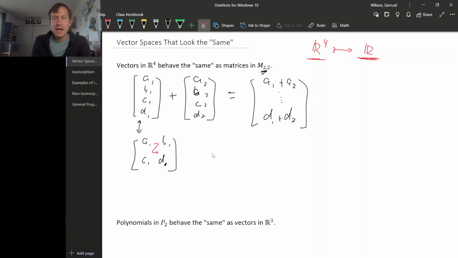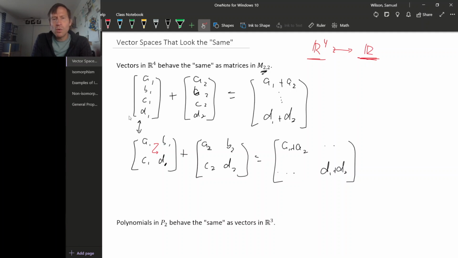You can do the same thing in M22. If you add another matrix A2, B2, C2, D2, what you get is a matrix A1 plus A2, and so on, down to D1 plus D2.